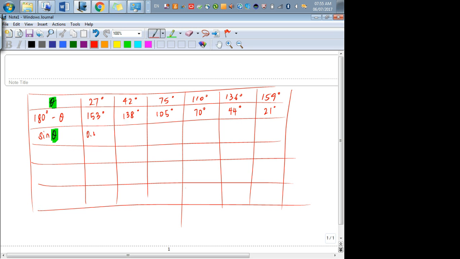So 0.4. Continue for the rest. Don't just wait for me to write the answer. Practice with your calculator.